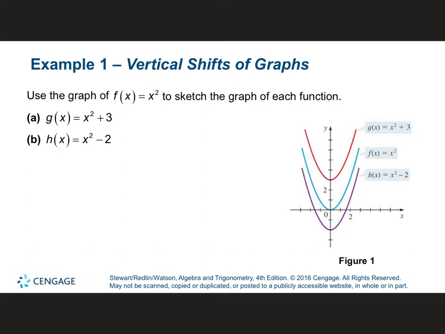That plus 3 means that we're going up 3 units. On example B, we have h of x is equal to x squared minus 2. This minus 2, again, is outside of parentheses, no parentheses visible, so we're going to be going down 2 units.